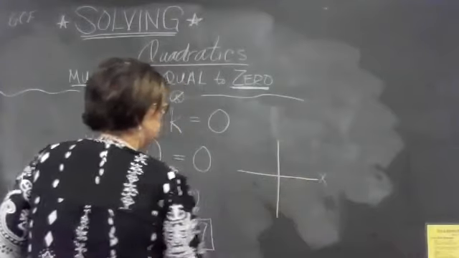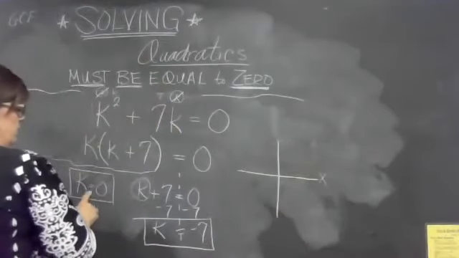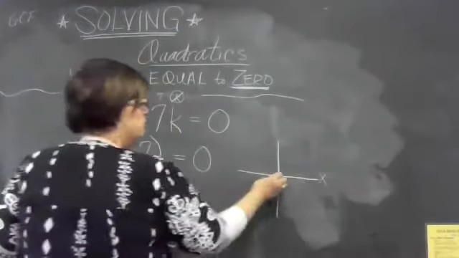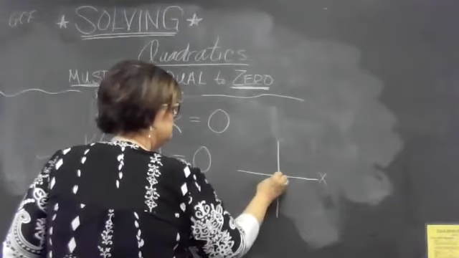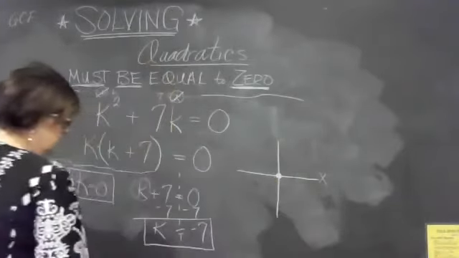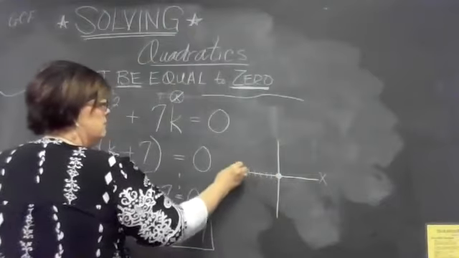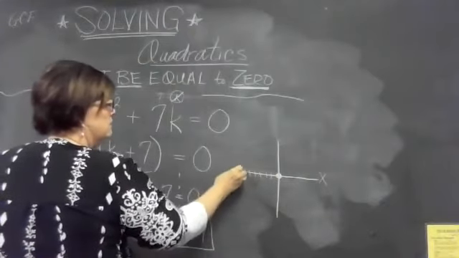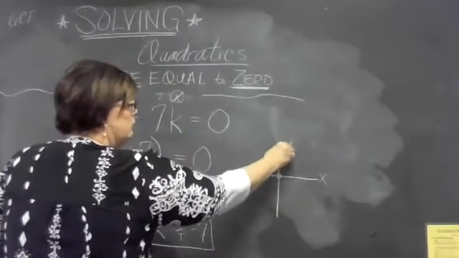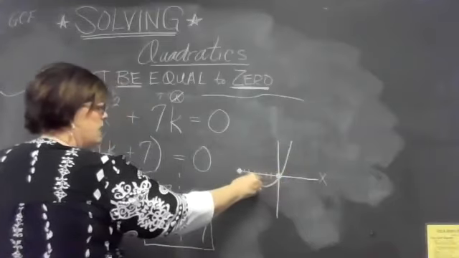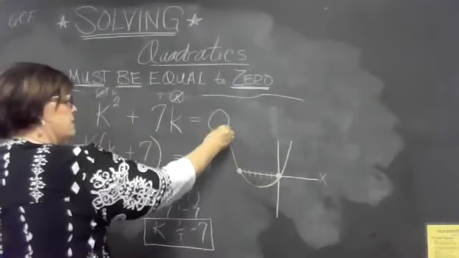Just again, to explain to you, one of our answers is 0 on the x-axis. And one of our answers is -7. And our parabola will intersect the x-axis right there.